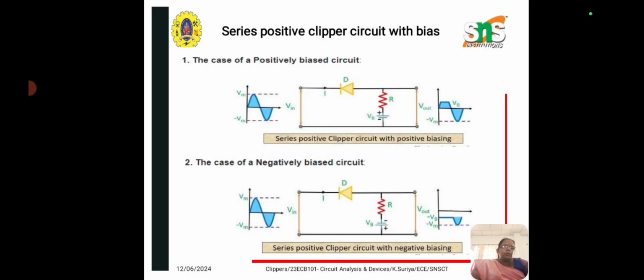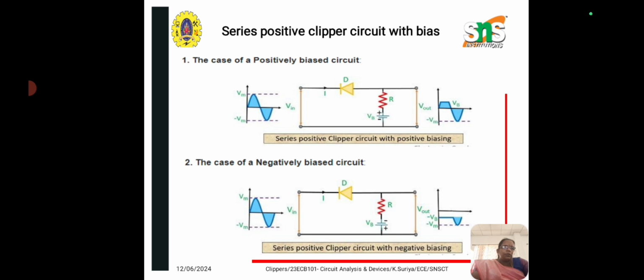Next one is a series positive clipper circuit with bias. Here we have a positive bias and negative bias. In the positive bias, we can see that the diode is in forward bias condition concerning the battery. But the positive half of the input waveform puts the diode in reverse biased condition. So this diode will conduct until the supply voltage is less than the battery potential.